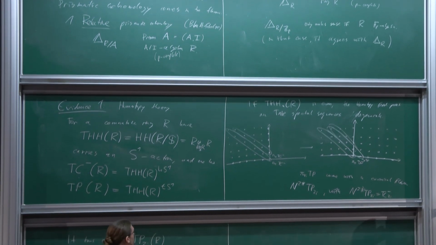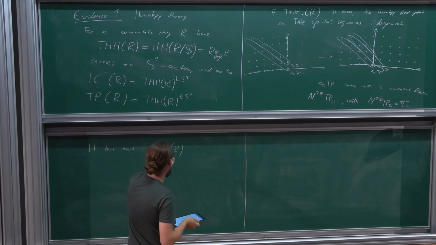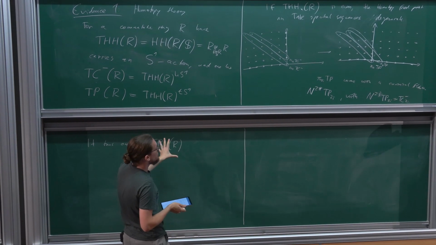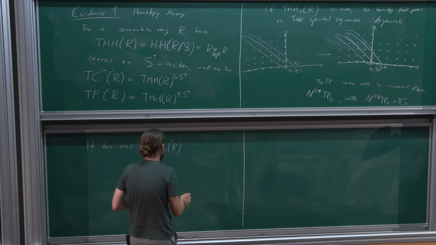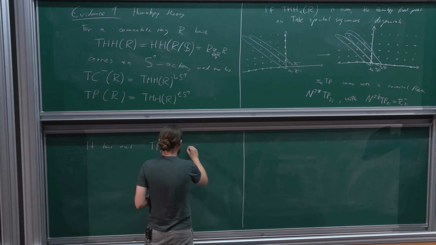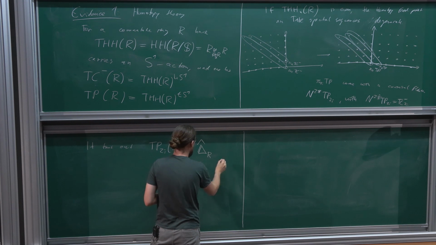Turns out that TP 2i of R, in a certain generality, namely if R is quasi-regular semiperfectoid, that's a condition that guarantees that THH is actually concentrated in even degrees, it turns out that this is Nygaard completed prismatic cohomology, absolute prismatic cohomology.